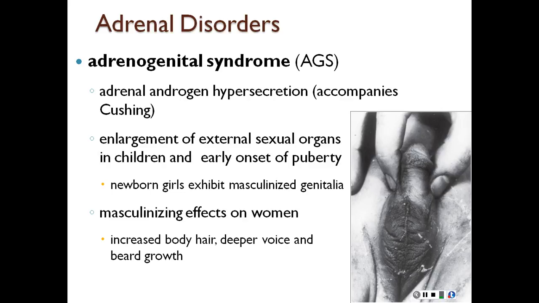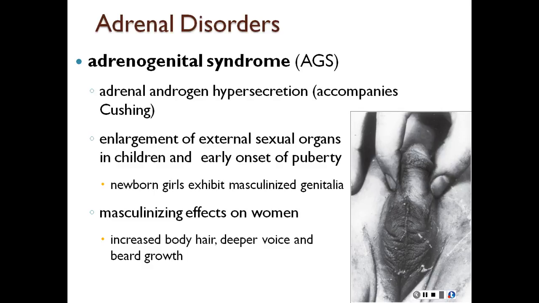Okay, so this is actually a picture of a female. And you can see that it looks like she has a penis. That was because of the high levels of androgens circulating. So newborn girls exhibit masculinization, if it occurs at the fetal stages.